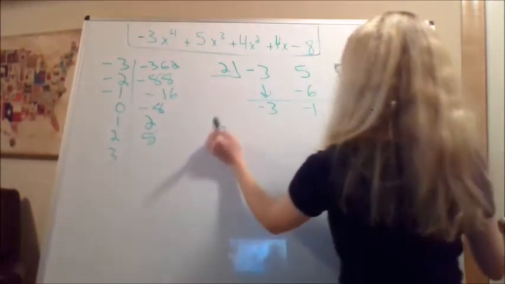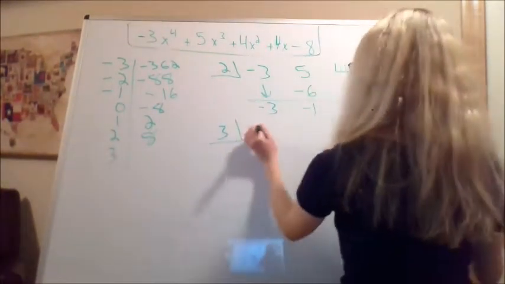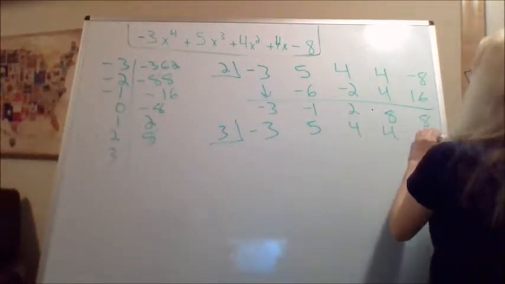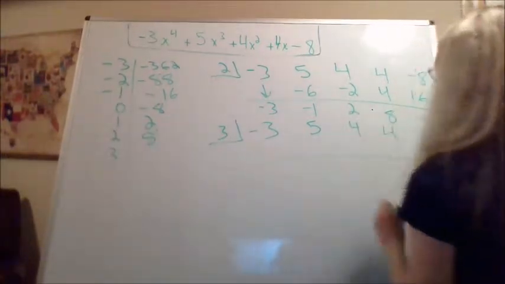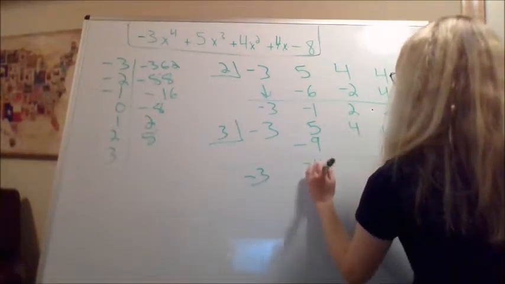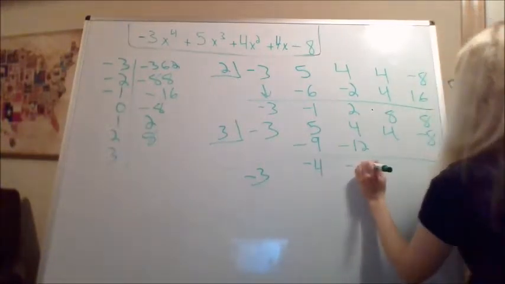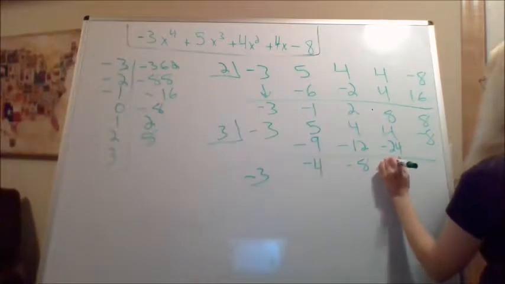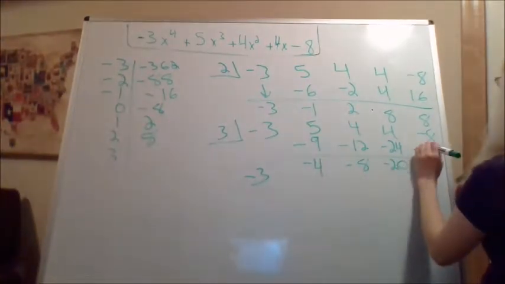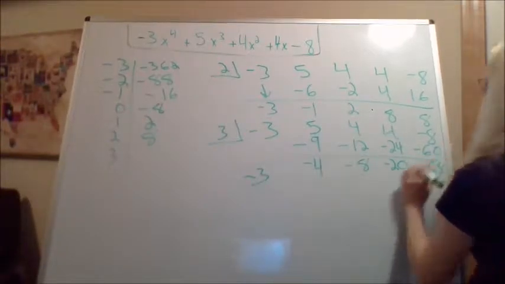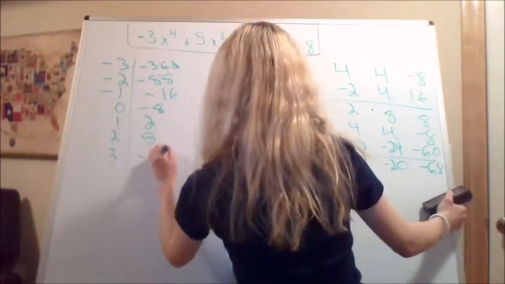And finally, 3 here, -3, 5, 4, 4, -8 with our coefficients. Draw our line. -3, -9, -4, -12, -8, -24, -20, -60, and then -68. So we have -68 here.